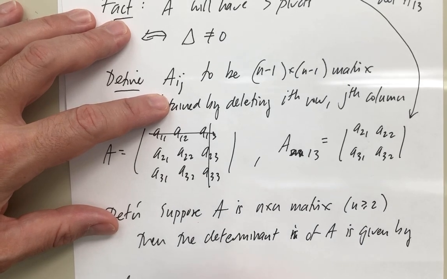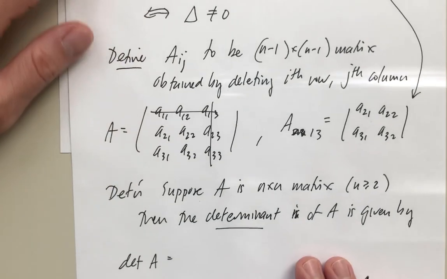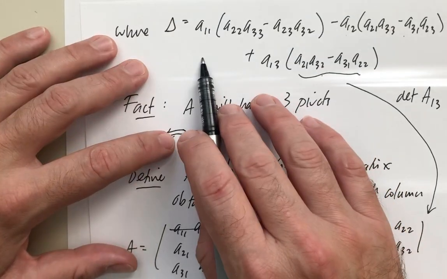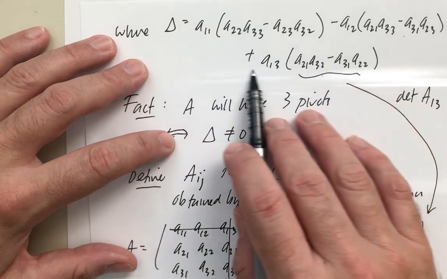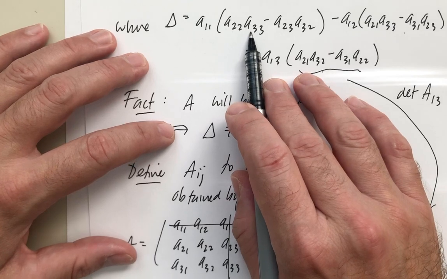I say det A is going to be, okay, what I'm doing is, you can't quite see it here, but if you go back to what I have here, I'm going along the first row of that matrix and doing that thing, right? Take an entry times the corresponding Aij.